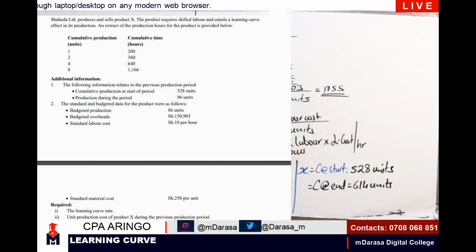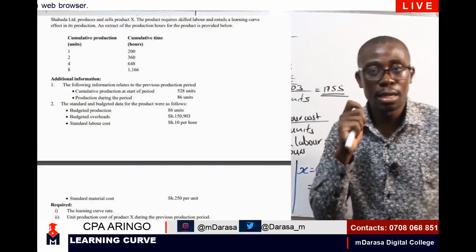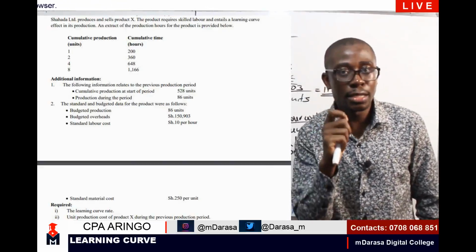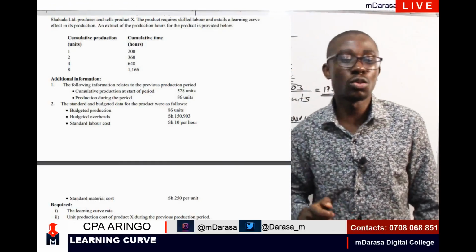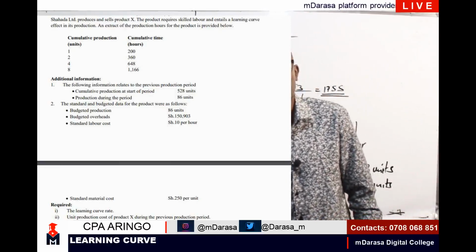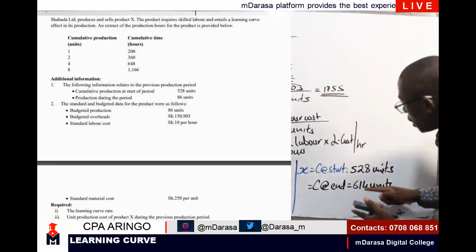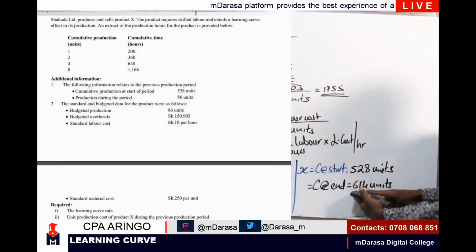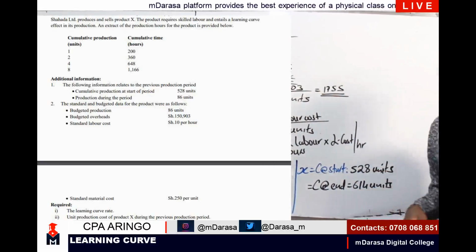So if I take the total time of producing the 614 units, kindly mark this clearly, we will be dealing with cumulatives. That's why we're talking of cumulative production at start and at the end of the period. So we can agree that the difference between cumulative at start and at the end is the 86 units.